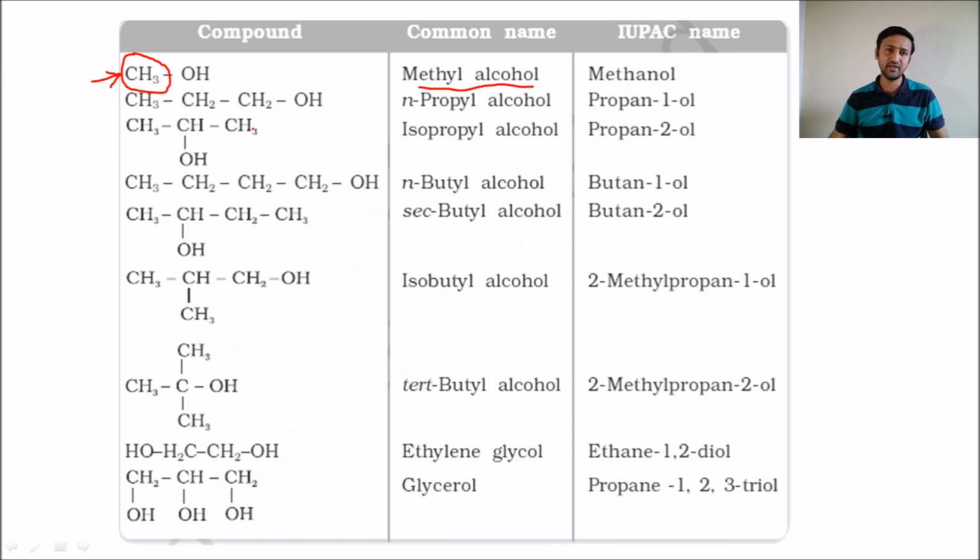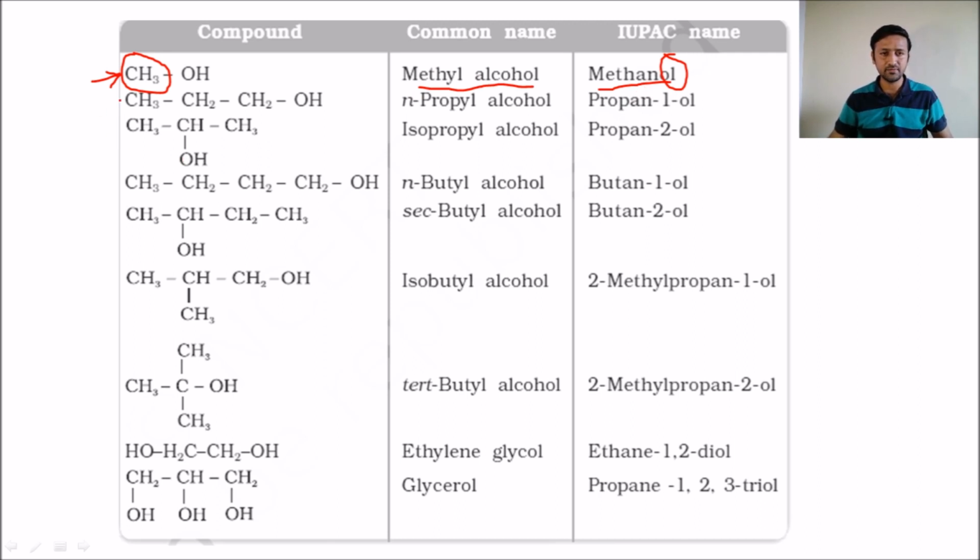If you take the IUPAC name, first we write the corresponding alkane. This is one carbon, right? The one-carbon alkane is methane, and we replace the terminal E by the suffix OL. So we get the IUPAC name for CH3OH as methanol. Remember, it's always a one-word name if we take IUPAC names.